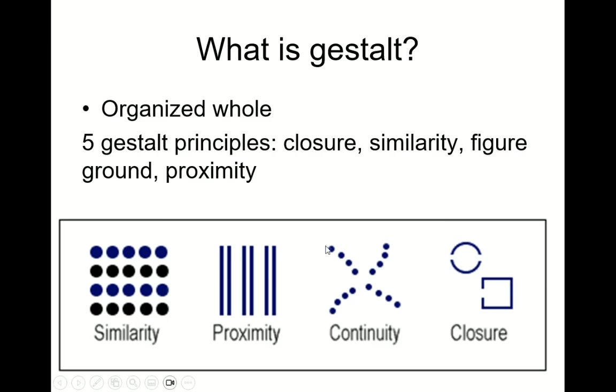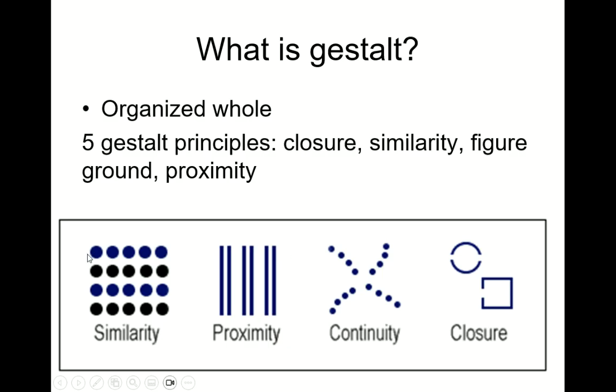The whole, you might perceive an X, but in reality, there is no X because of the principle of continuity. You may see a circle, but there is no circle because of closure. Closure is when you fill in the gaps with your mind. You may see railroad tracks here, but in fact, you perceive that these two lines are related somehow, but we don't know if they're related or not.